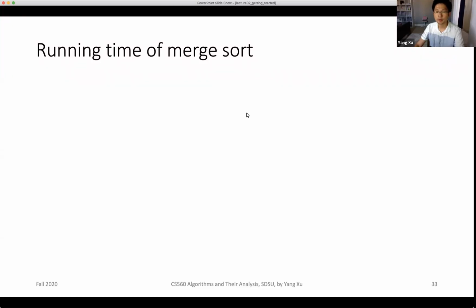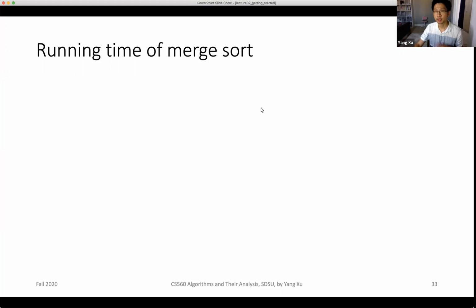It will become a bit tricky when we try to analyze the running time of the merge sort procedure that we just defined. Compared with insertion sort, the code in merge sort is recursive.